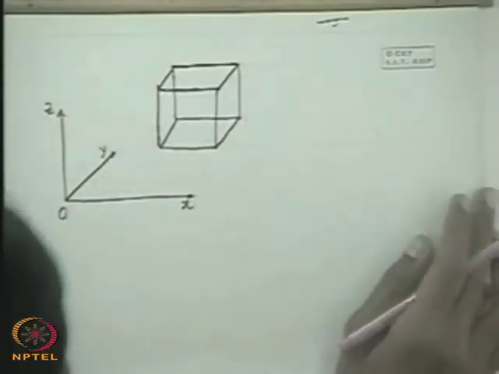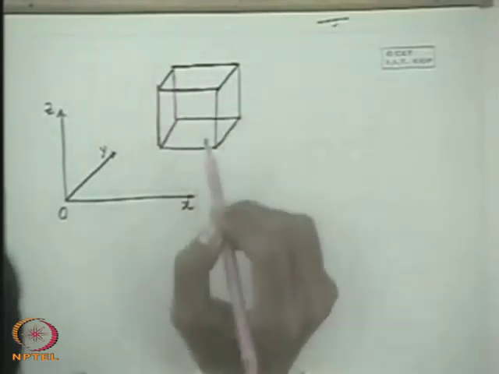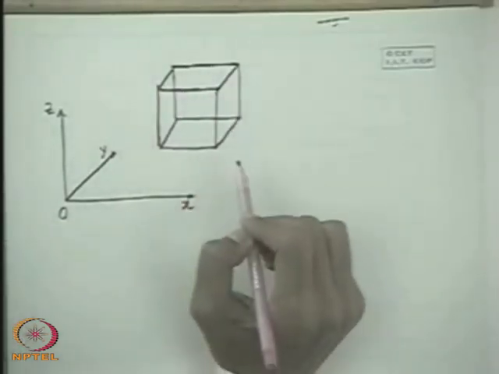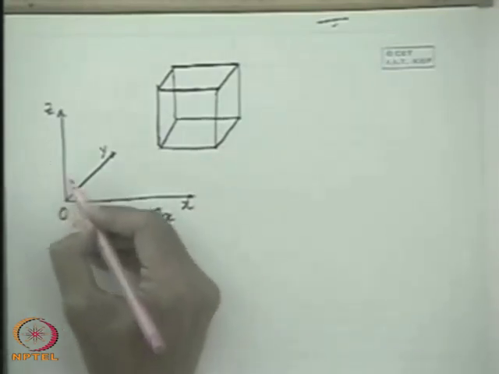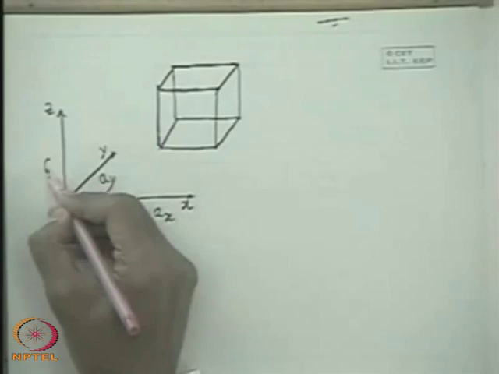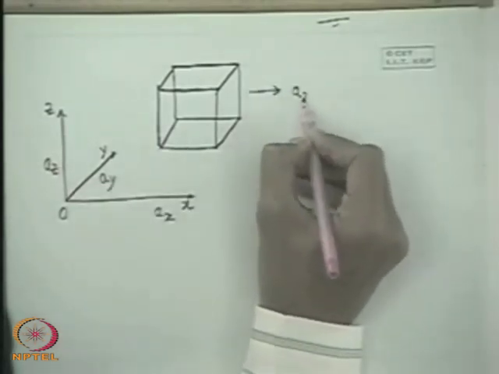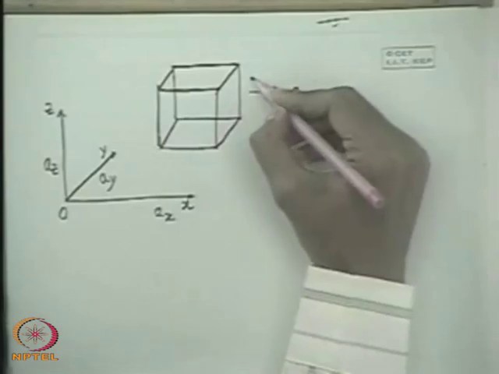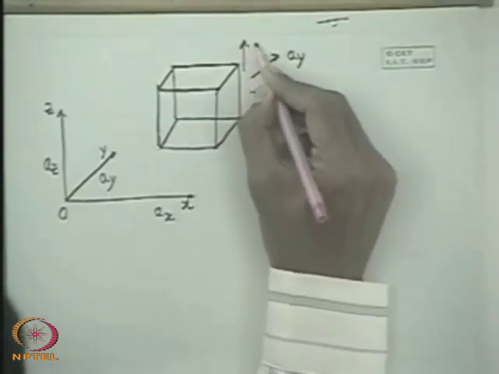Now, we take a general case that the fluid mass, this separate fluid mass which we have taken here, is accelerated in the x, y and z directions. These are the components of acceleration. That means it is accelerated in the x direction by ax, in the y direction by ay, and in the z direction by az.